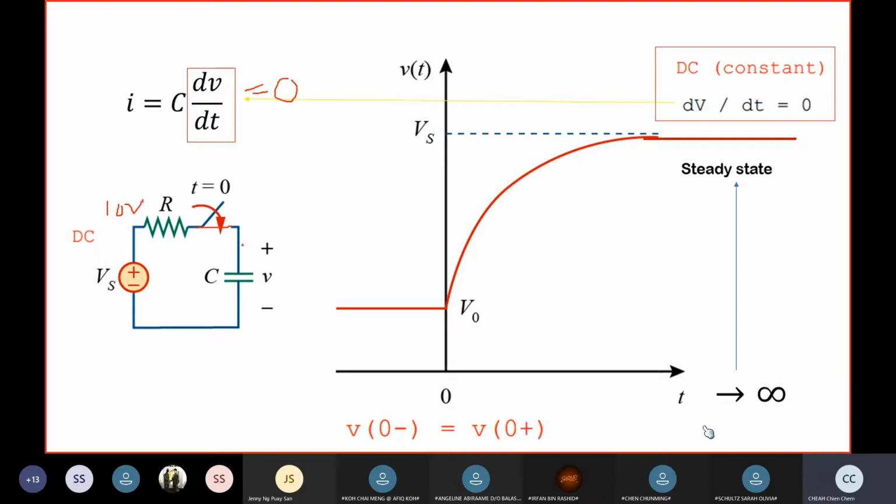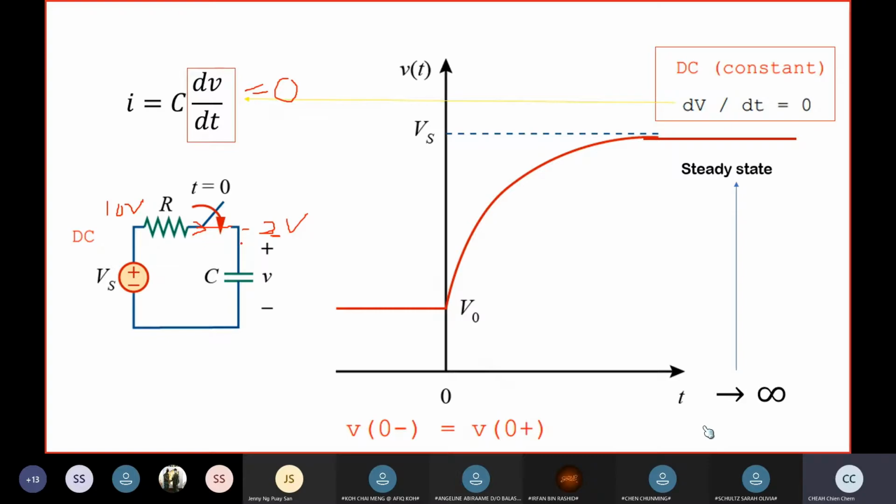So 10 volts minus 2 volts, an 8 volt difference, so current will start flowing. This resistor is there to regulate the current flow. Otherwise, a large current will be flowing through these terminals. So the current is 8 volts divided by R.